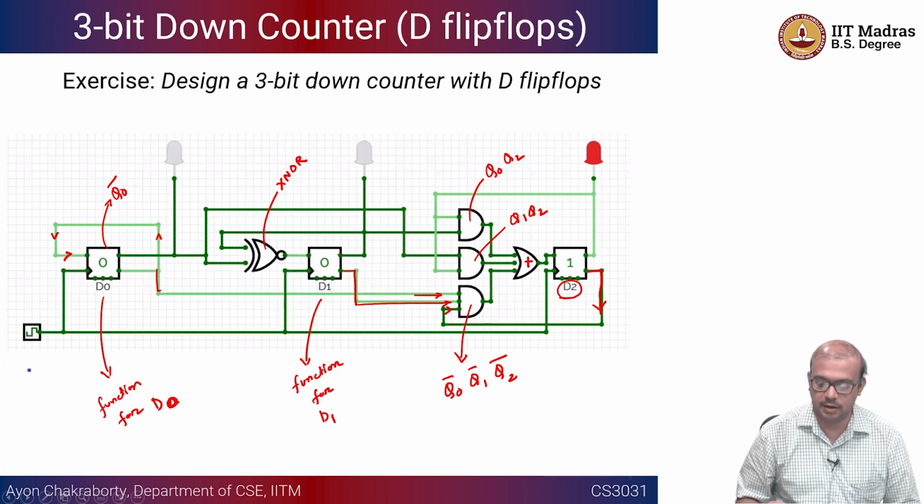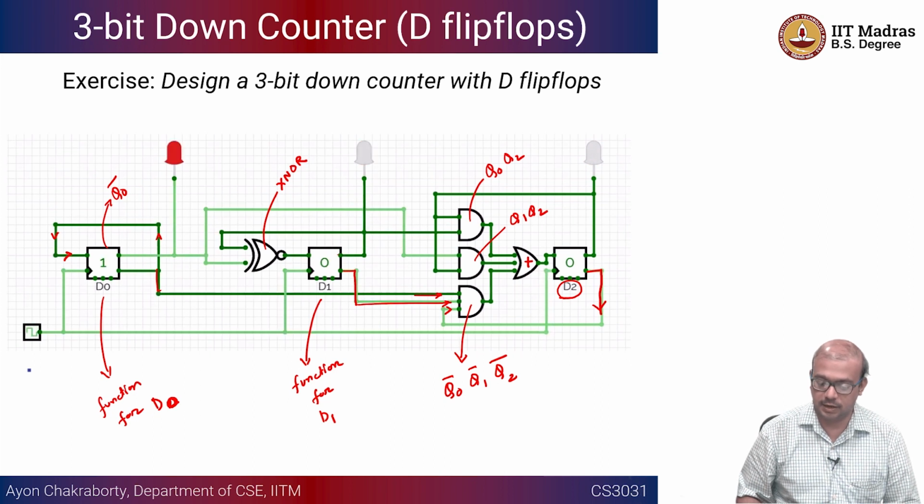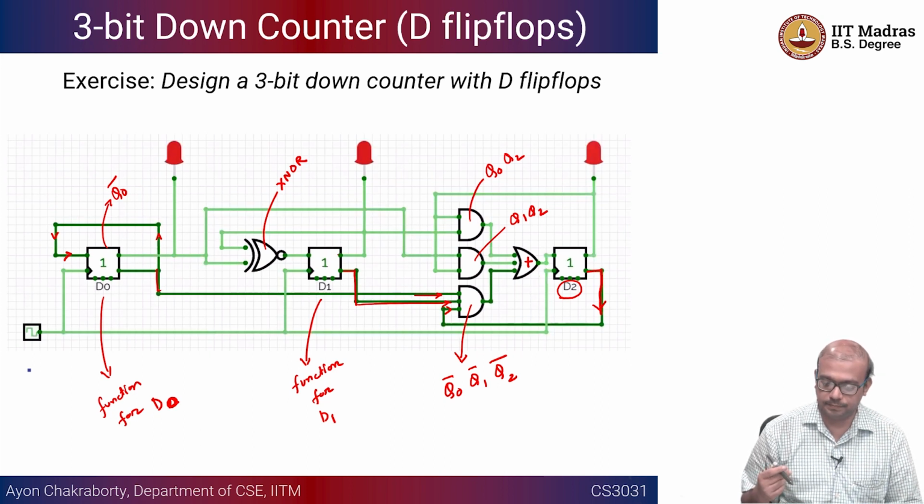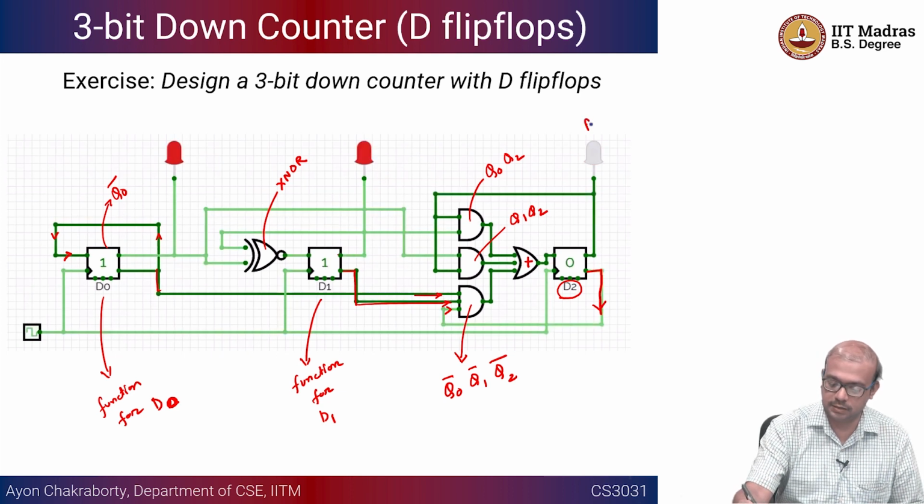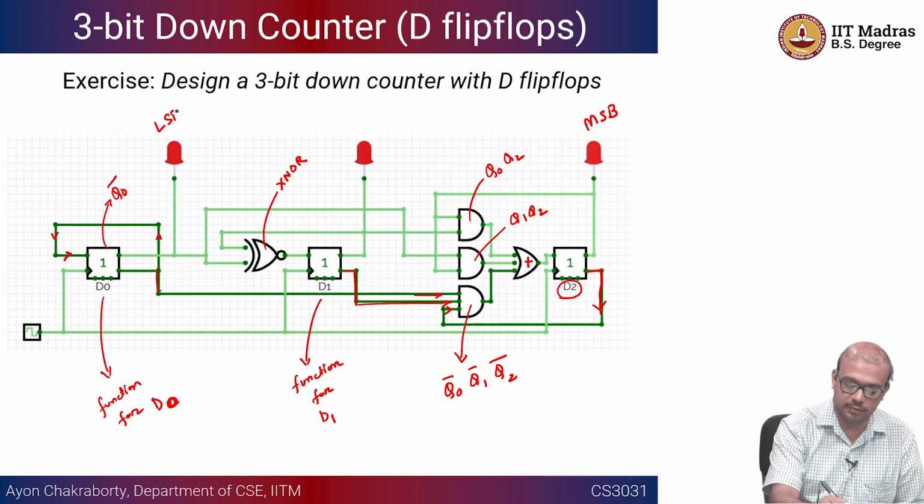You can see that this is following a certain pattern, right? 6, you have to count it from the other side. Okay, this is 5, this is 4, this is 3, right? So this is the most significant bit, and this is the least significant bit.